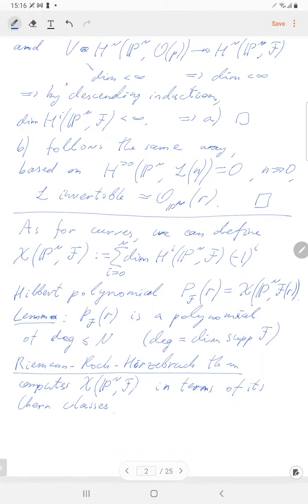If we are over complex numbers, then they will be elements of the classical singular cohomology of projective space. Okay. So it is a functor between sheaf and cohomology group or abelian group, right? Well, so to say, yes, to any coherent sheaf, you can associate some elements in the singular cohomology groups of projective space. Okay, thank you.